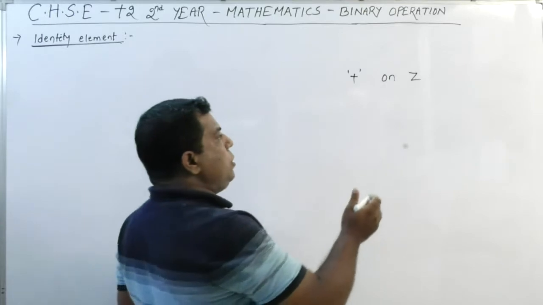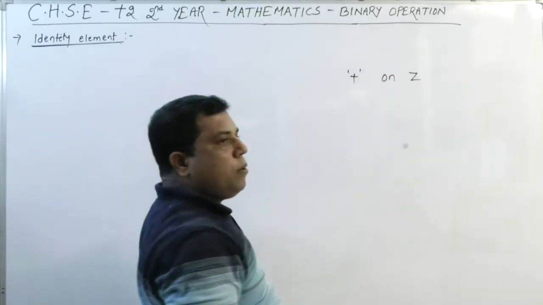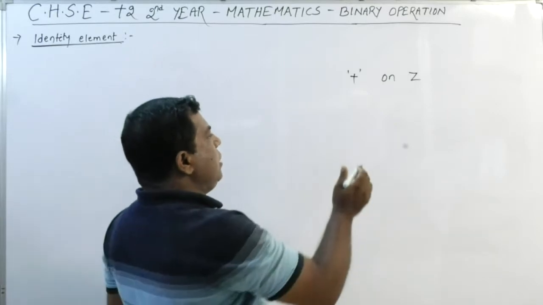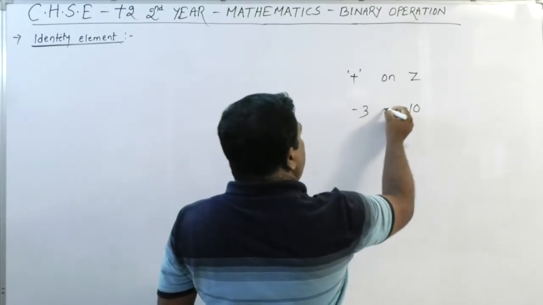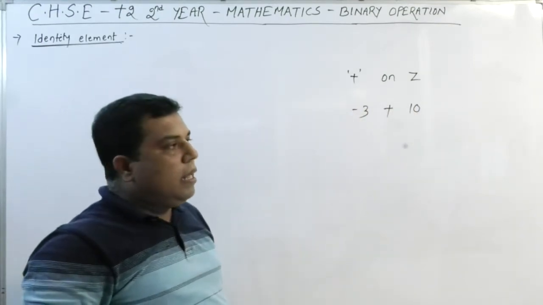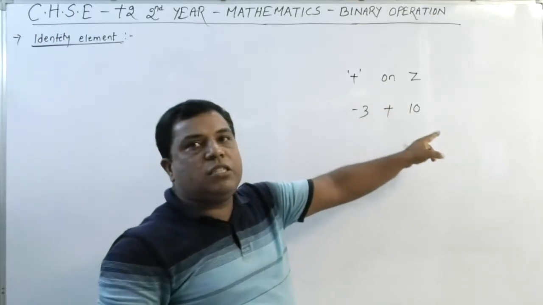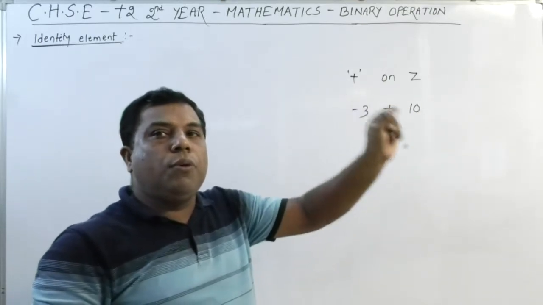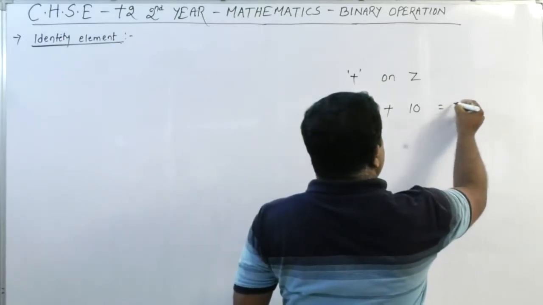For this, we take any two integers from the set of integers. Let one be -3 and another be 10. Now I put the addition symbol on them. The addition symbol converts these two elements to a unique element, which is equal to 7.